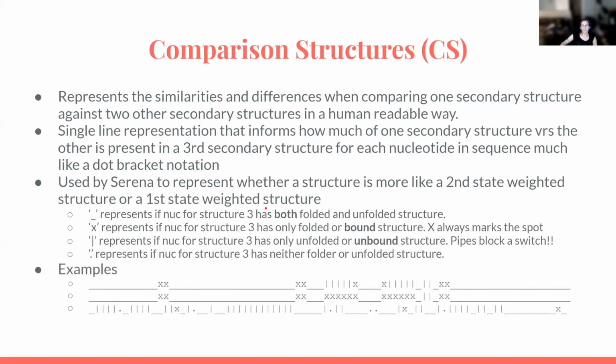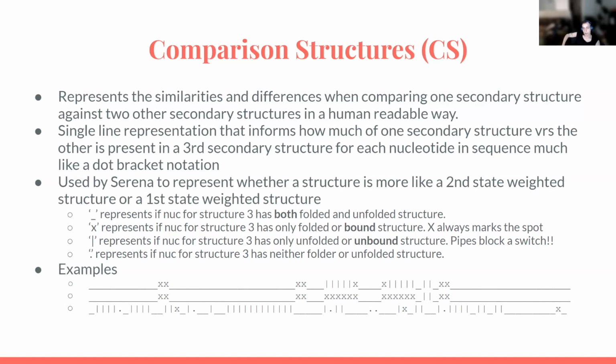And so comparison structures represent the similarities and differences when comparing one secondary structure against two others. As I said, it's human readable. A dash represents that that nucleotide in that weighted structure has both folded and unfolded structures.